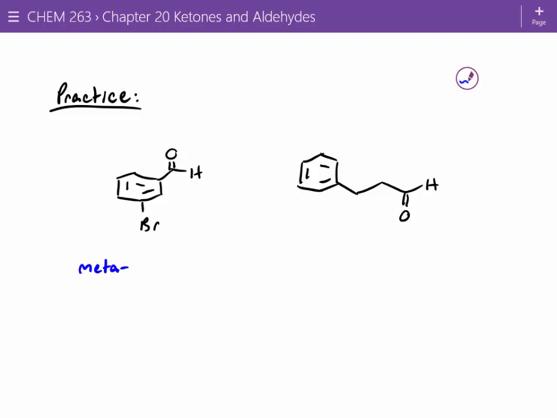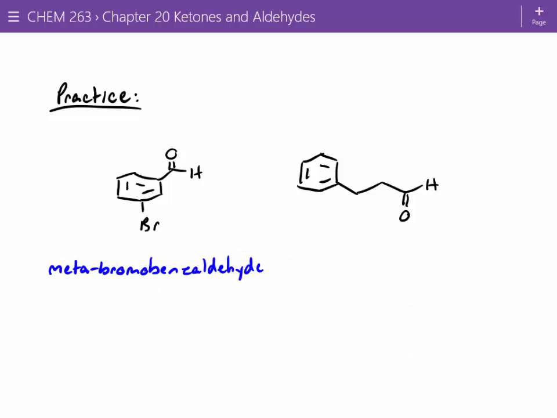You could say meta-bromobenzaldehyde, or you could say 3-bromobenzaldehyde. That would be perfectly fine. And that's because our aldehyde is coming directly off of the ring, so the benzene naming rules come into play.